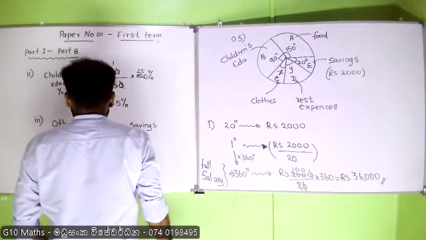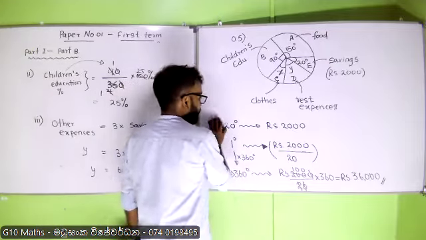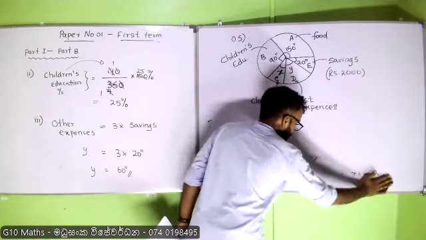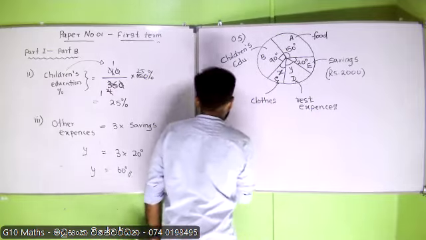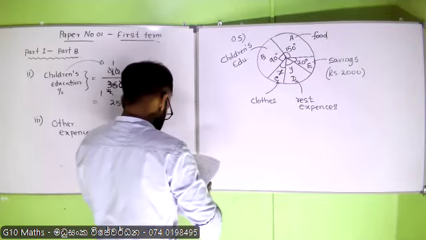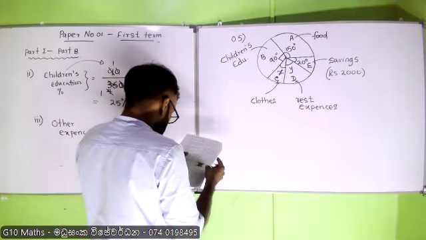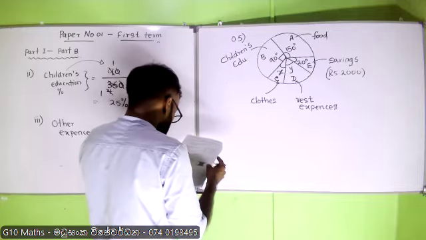So that is the third part, and I will do the fourth. Find the magnitude of x, the expenses for clothes.